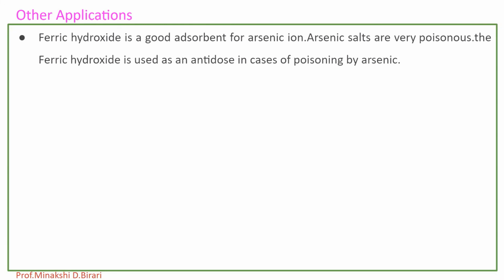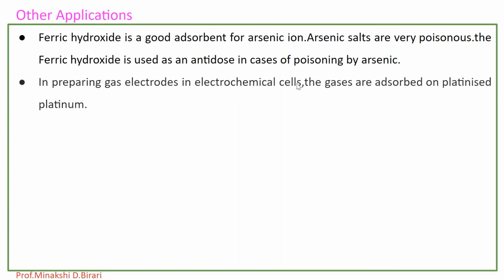Now the other applications of adsorption. Ferric hydroxide is a good adsorbent for arsenic ion. Arsenic salts are very poisonous, so ferric hydroxide is used as an antidote in case of poisoning by arsenic.